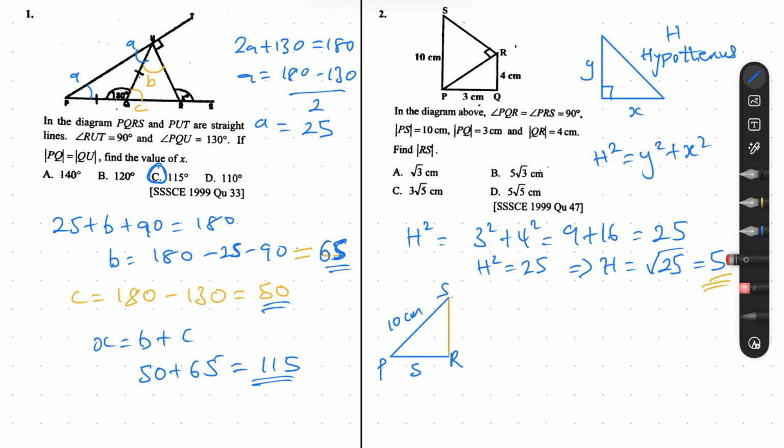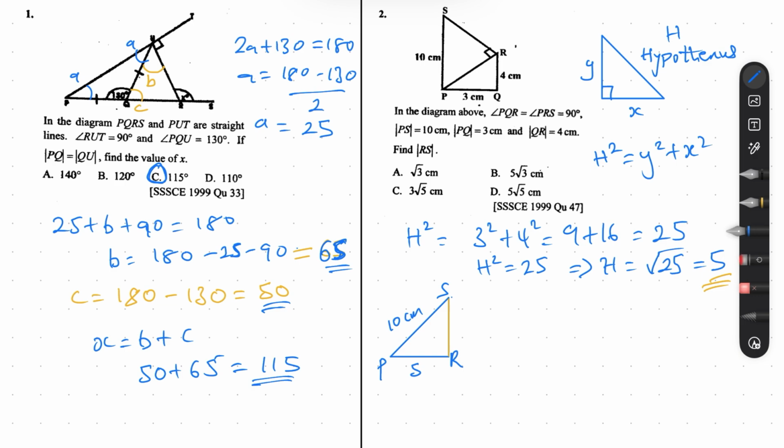Now we know this is the Pythagoras theorem equation we are going to use. We know that this squared is equal to this side squared plus this side squared. So we can just change the subject and find the answer.